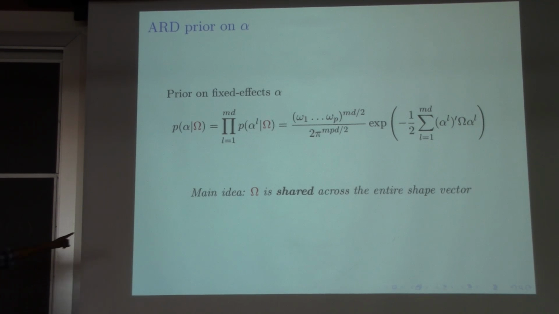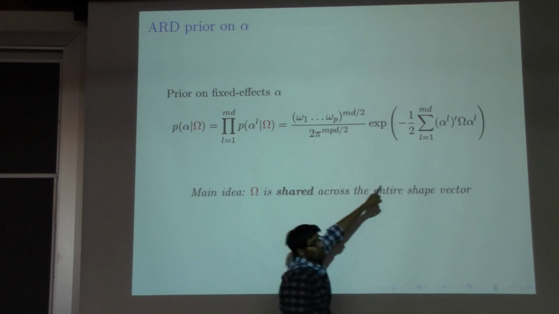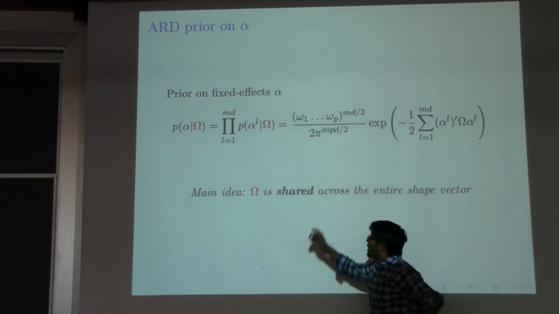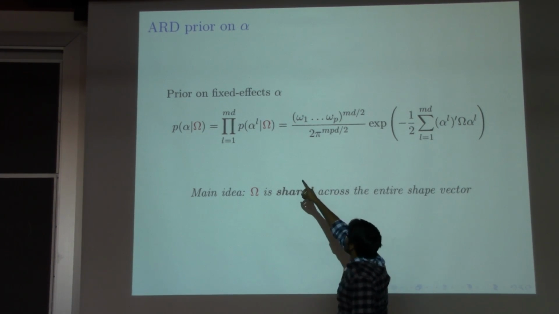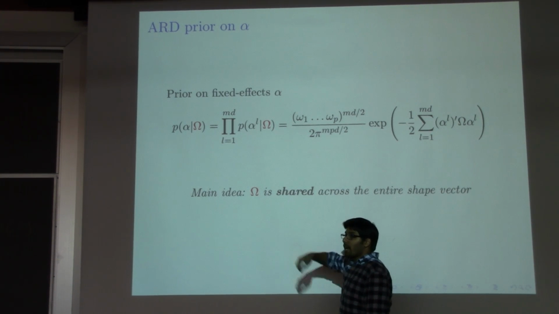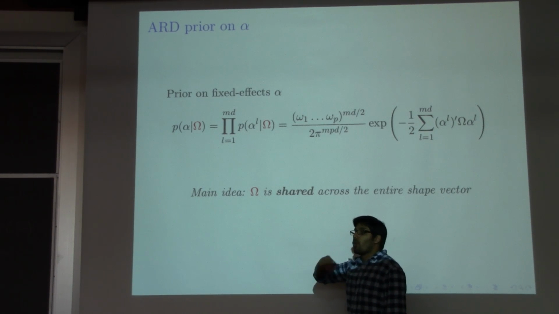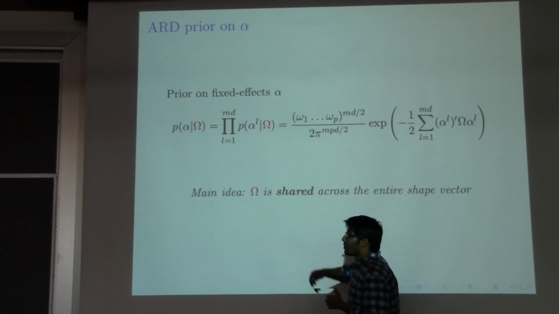Which is why I have a single omega. So you'll see that you have L's on everything. I have alpha L, but omega remains the same for each particle. And I want to estimate the omega which maximizes my marginal likelihood for the whole shape.